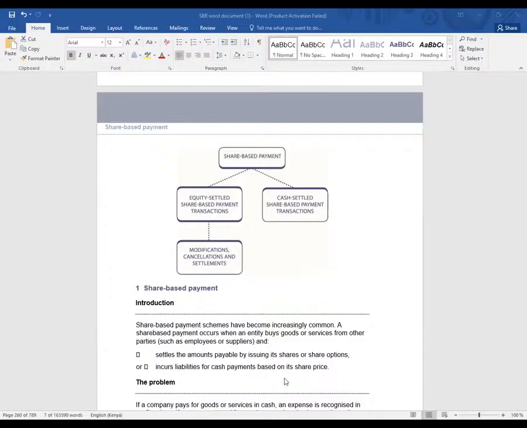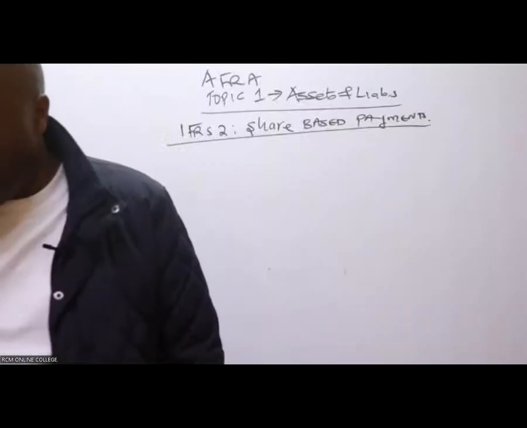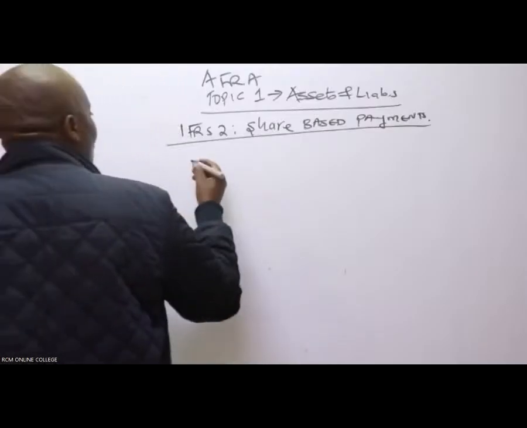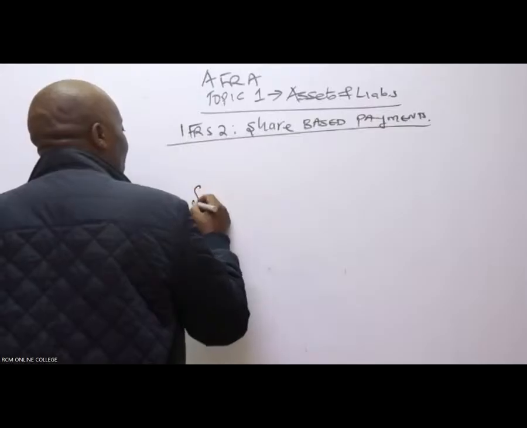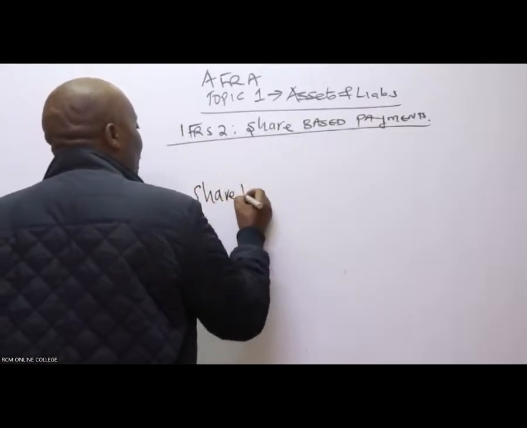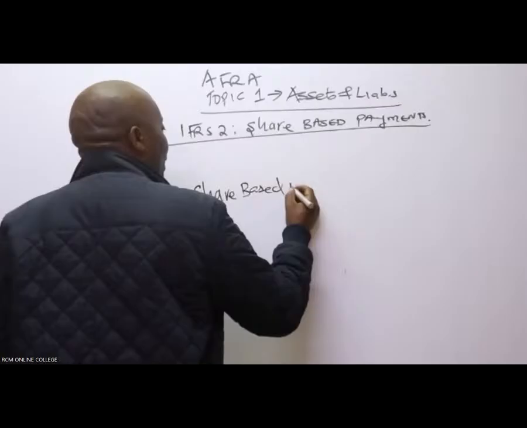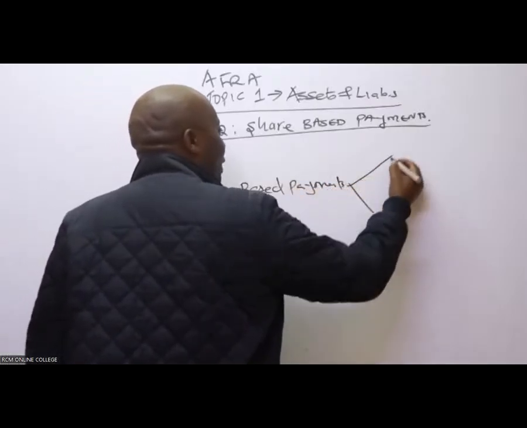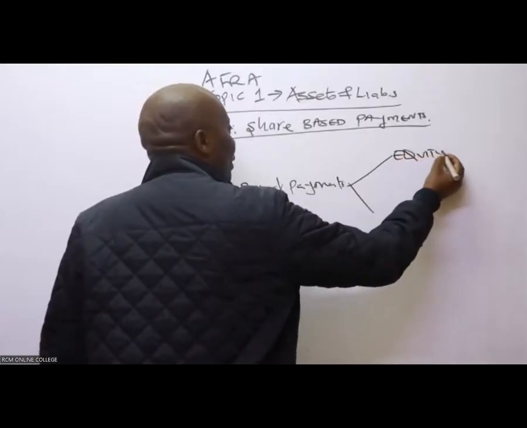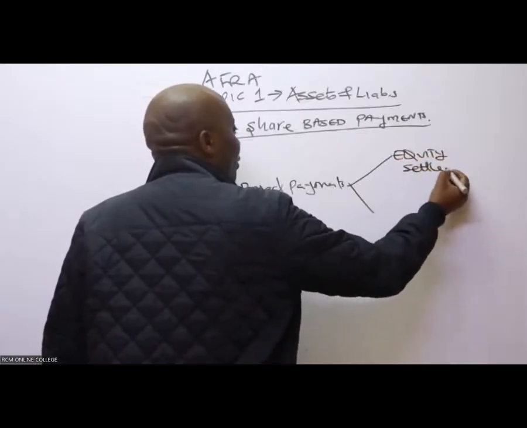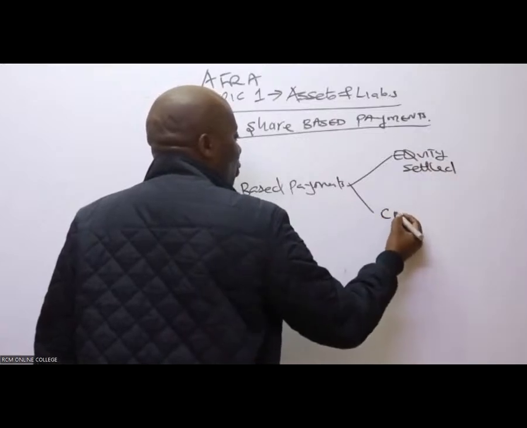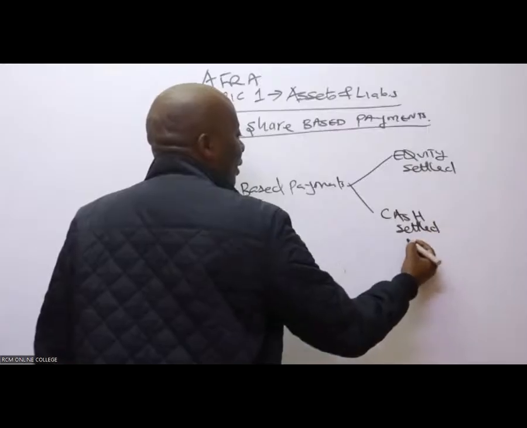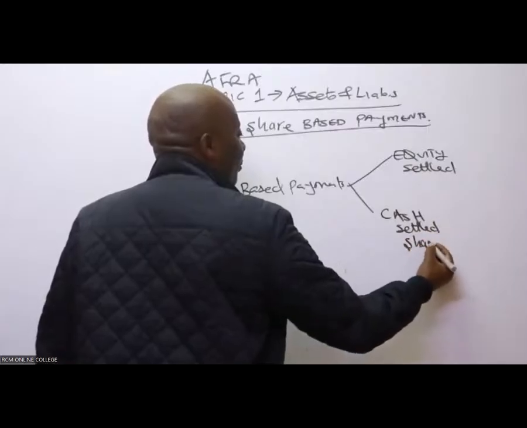By the end of today's session, all of us would have understood that in terms of IFRS 2 share-based payments, we have what we call equity settled, and then number 2, we have what we call cash settled share-based payments.